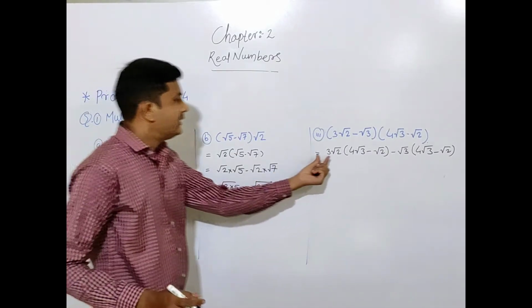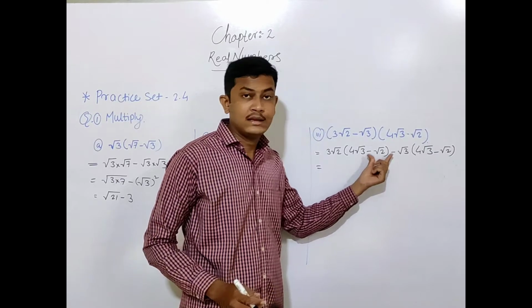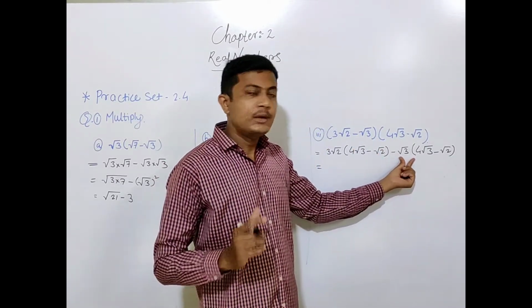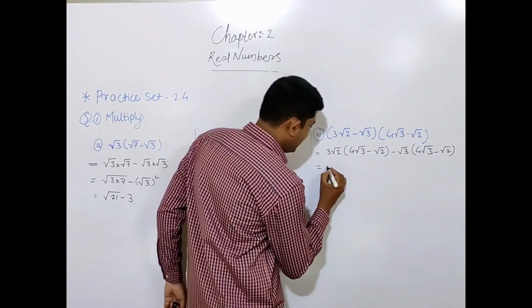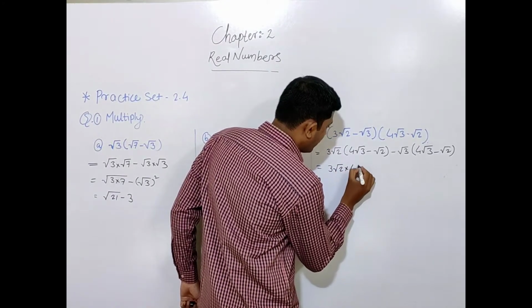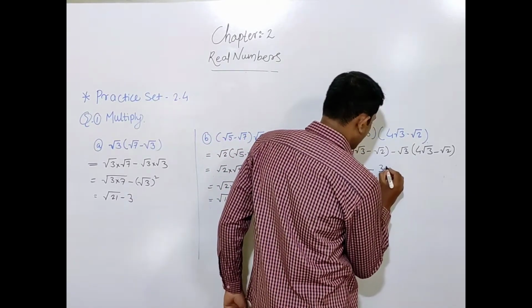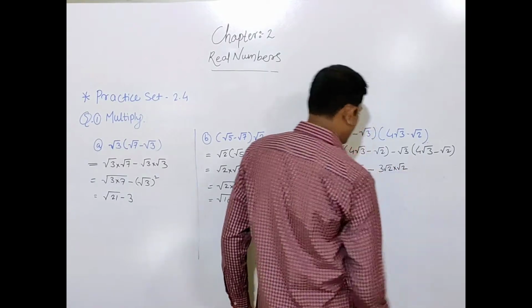This 3 root of 2 will multiply to each and every term inside the bracket. In the same way, minus root of 3 will multiply to each and every term inside the second bracket. So let's see, 3 root of 2 into 4 root of 3, minus 3 root of 2 into root of 2.